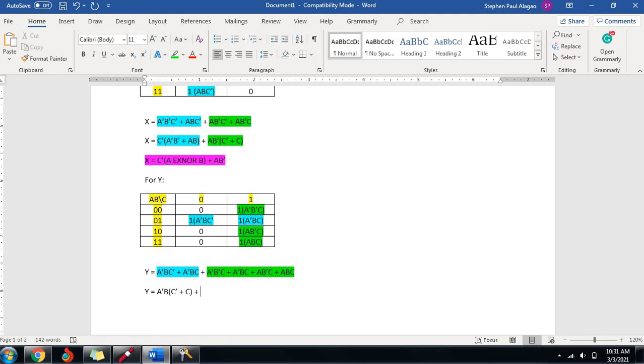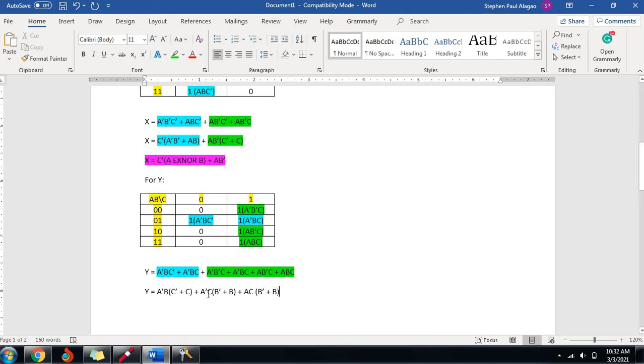The other group will be A bar, common, and you have C, times B bar plus B. Plus you have A, C, and then B bar plus B.